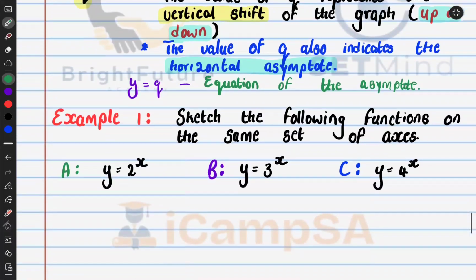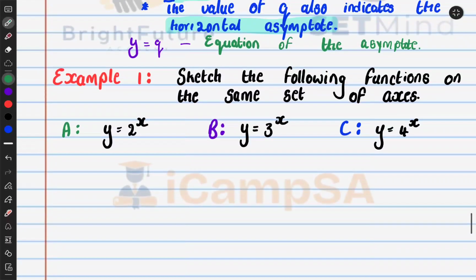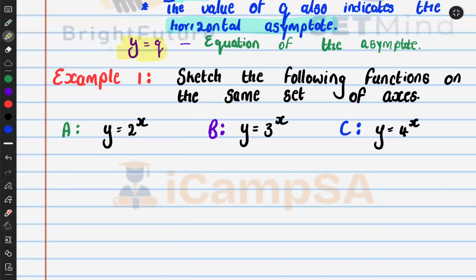Okay, now let's go ahead and sketch these graphs now, so that we can actually see what we have introduced thus far. Okay, so here we have example number 1.